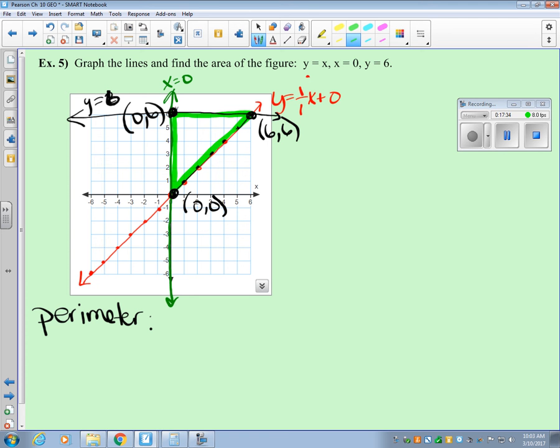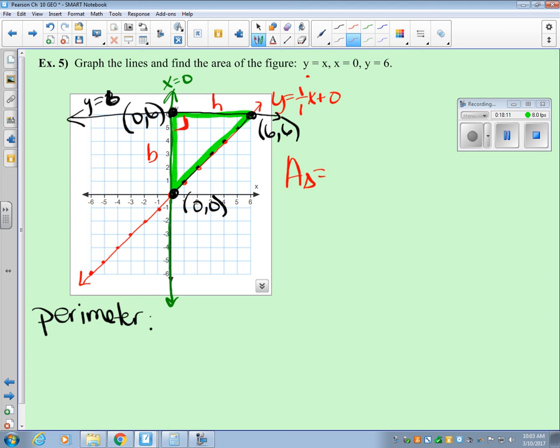Just number 1 selling. So if we wanted to find the area of this triangle, it took me probably about 30 years to remember that when we have a right triangle, the base is one of your legs and the height is the other leg. So in a right triangle, the base and the height are just on the sides of your triangle. I would always try to find the height, and I'm just not that smart.